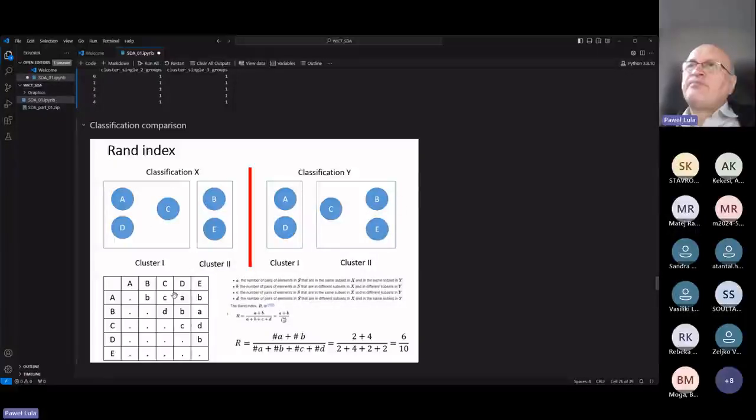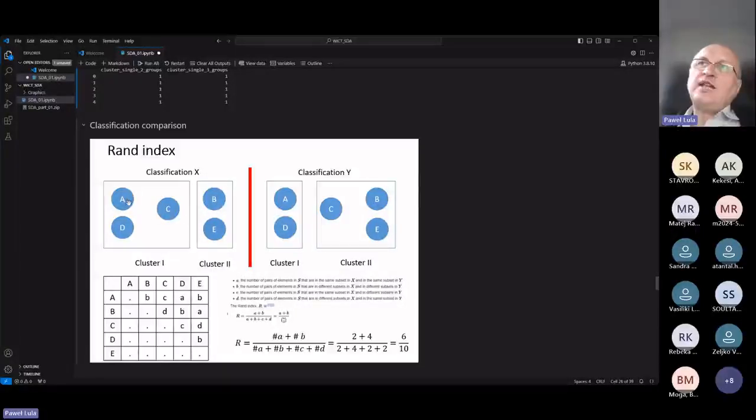Please look at this picture. We have 5 objects from A to E. And we are going to consider 2 ways of classification of these 5 objects. The first is here. I divided these objects into 2 groups.